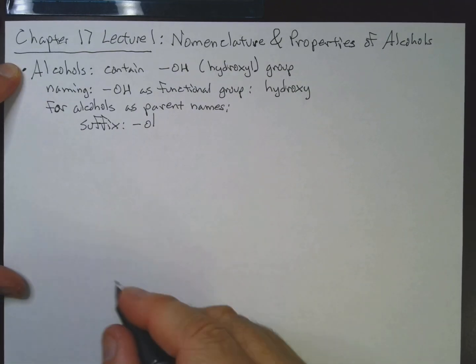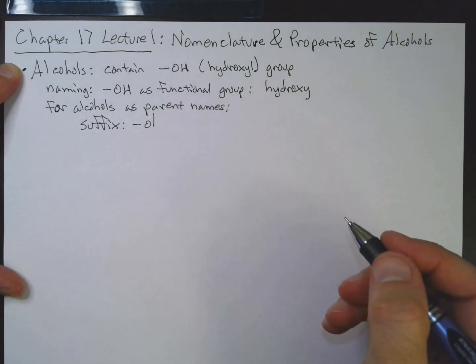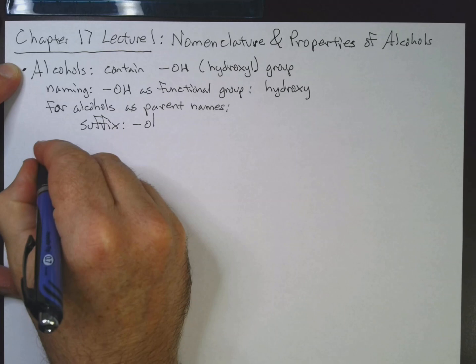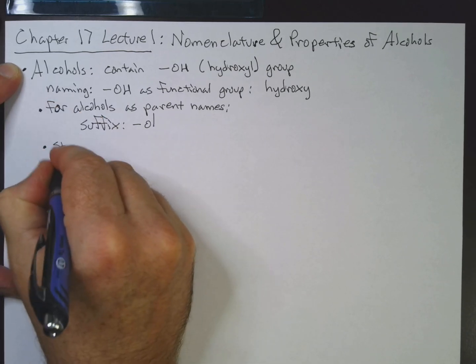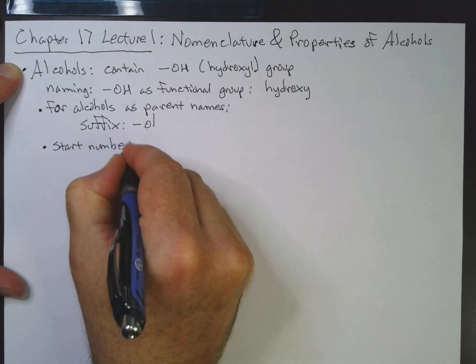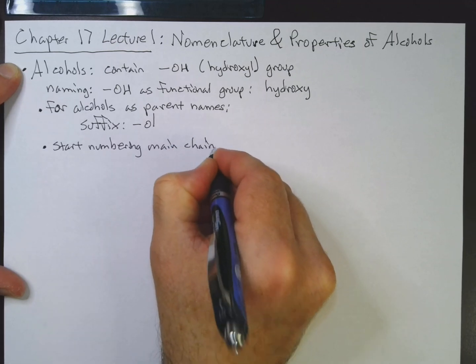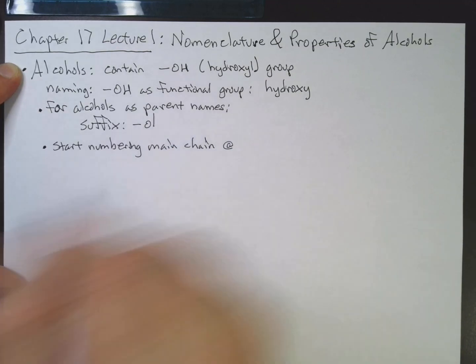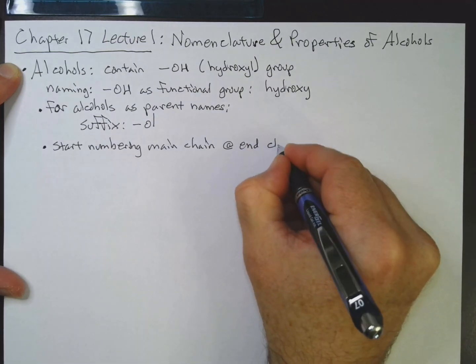And we will want to indicate where the OH group is. So let's see here. We'll start numbering. Start numbering the main chain at the end closest to the OH.